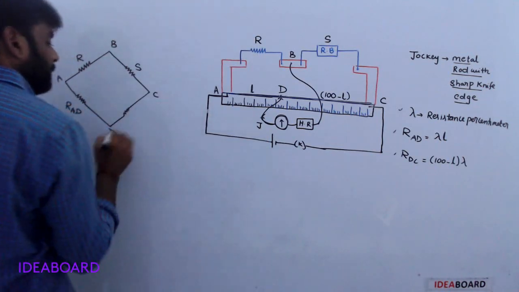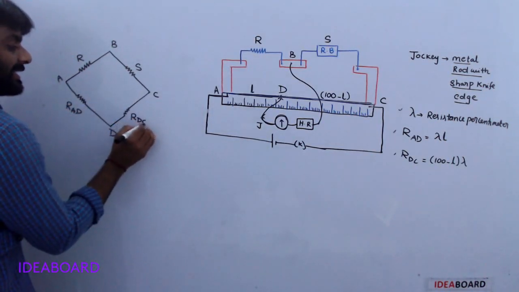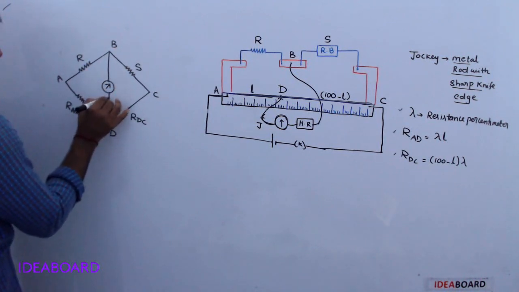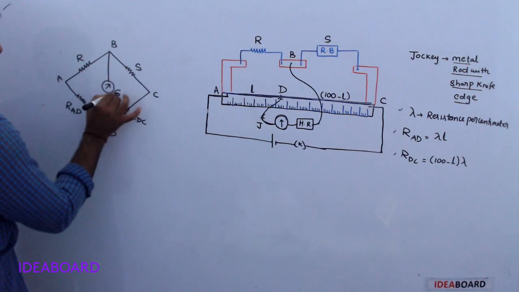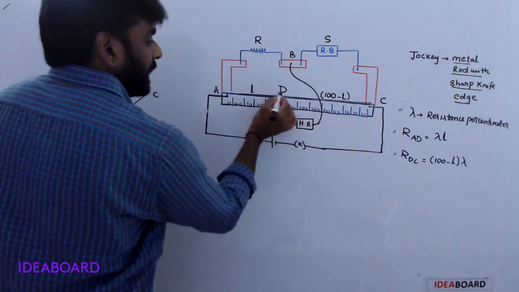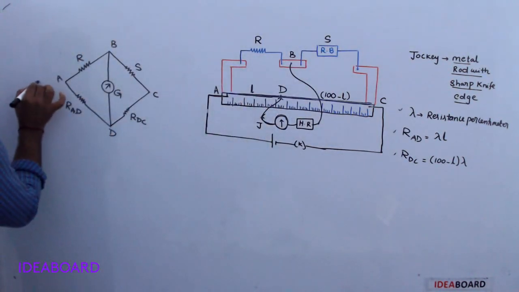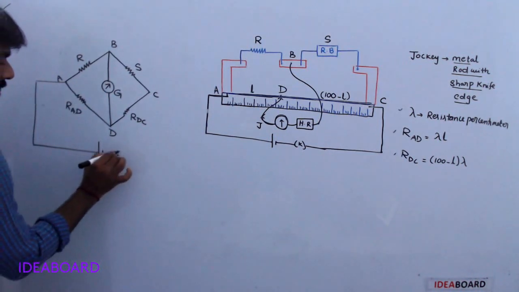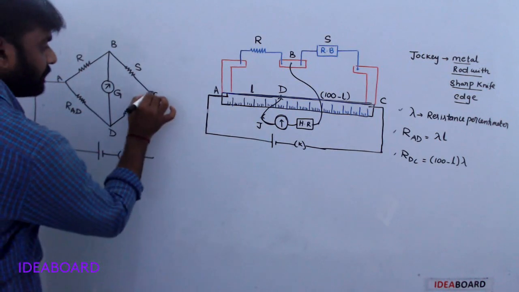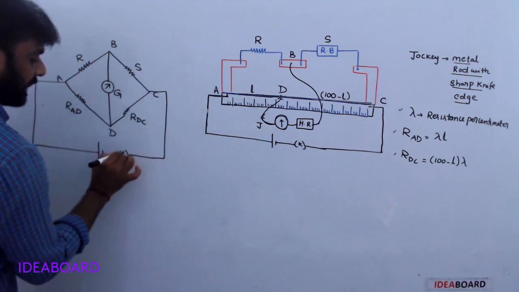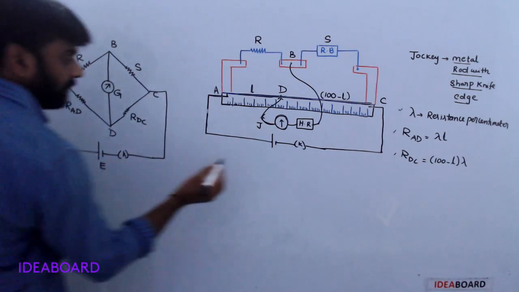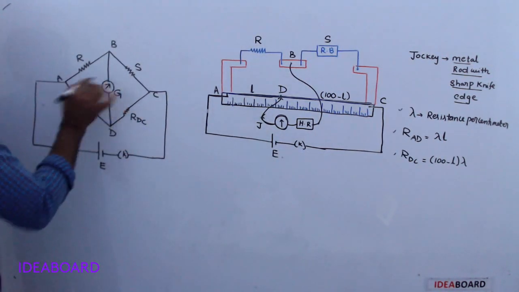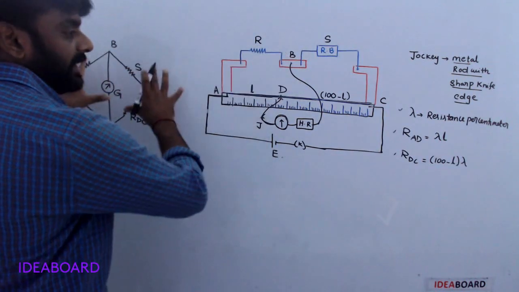Now, this one, resistance of DC. Now, this is the galvanometer, in between B and D. Now here, internally, the battery is connected with the help of a key. The battery EMF is E. So, this is the Wheatstone bridge.